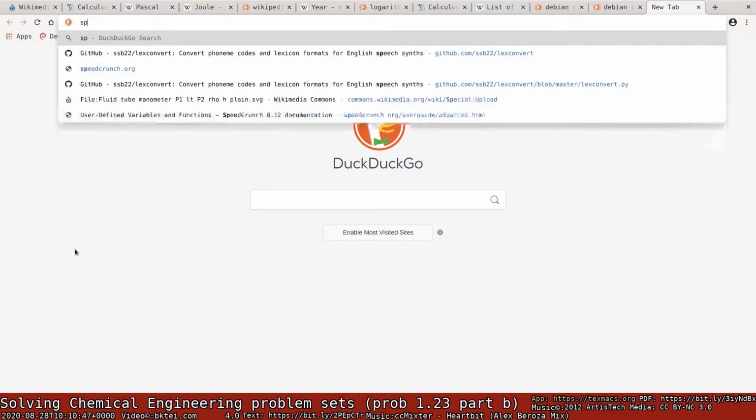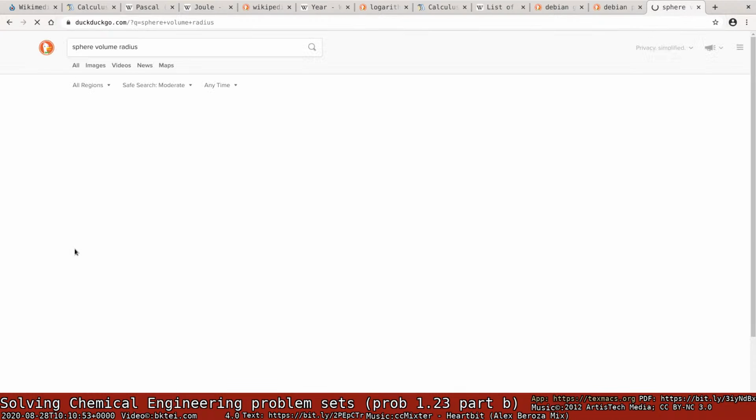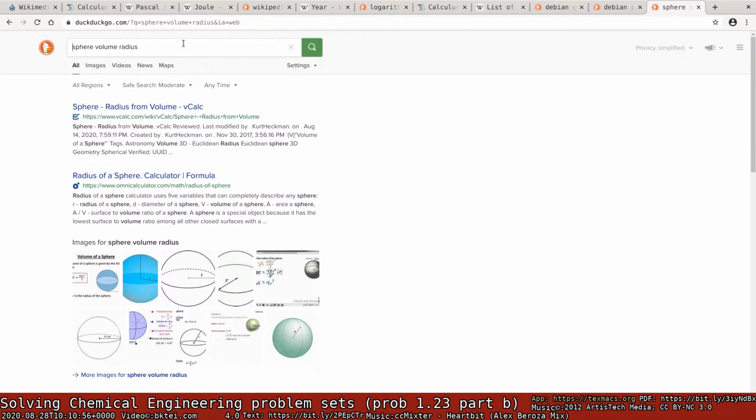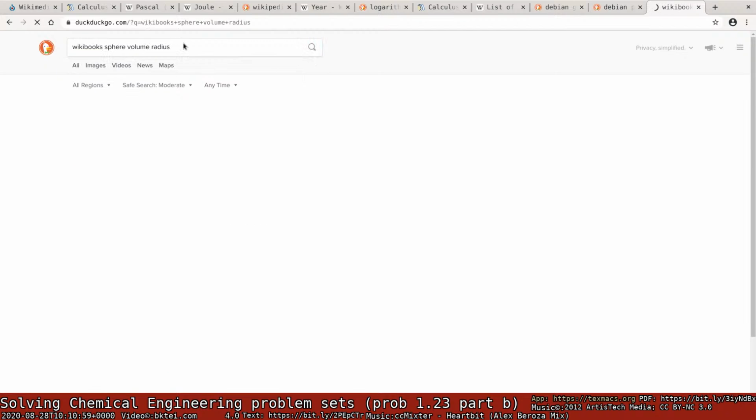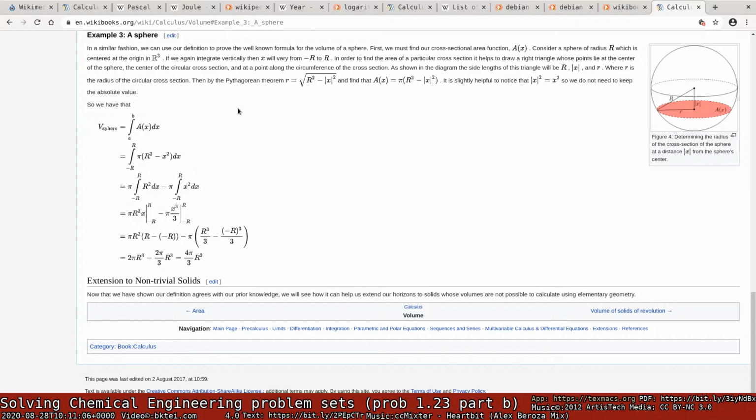Sphere volume, radius. Okay, a sphere. There we go: 4/3 pi r cubed.